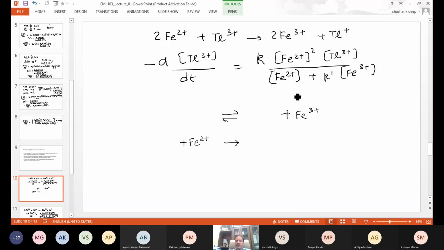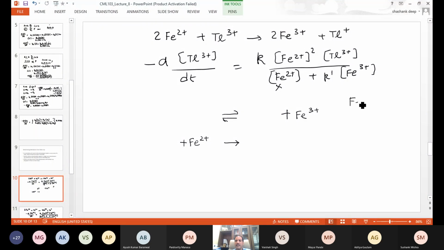Now think about that. If suppose this step is slow, it means I can neglect this term. Am I right? Because there should be a k here. It is only because we are writing k dash that I am not. But there will be a rate constant, suppose k2. Only thing is that we have divided here. So just neglect it. And then tell me what is the composition of the reactant.